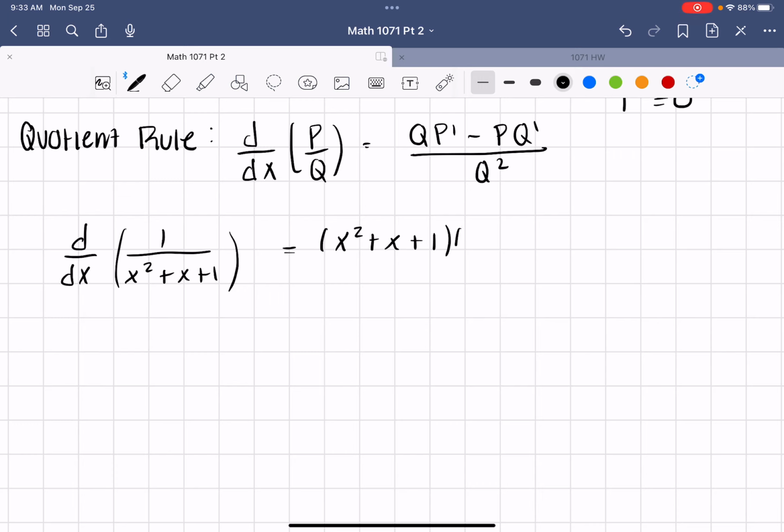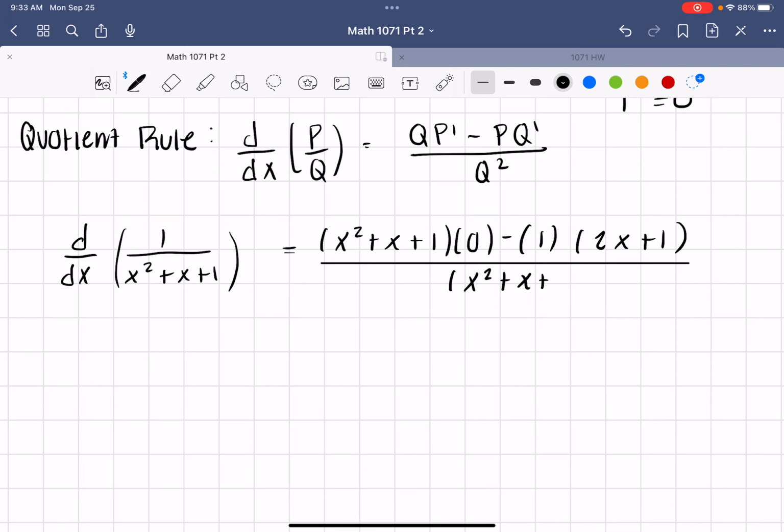Minus numerator, which is just 1, times the derivative of the denominator, 2x plus 1, over the denominator squared. The mistake is people see 1 and somehow they feel as though p prime shouldn't be 0, so they end up putting a 1 there instead of a 0. No, the numerator is a constant, so its derivative is 0.